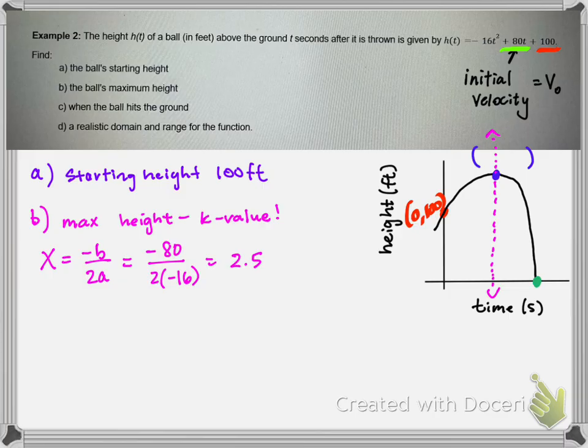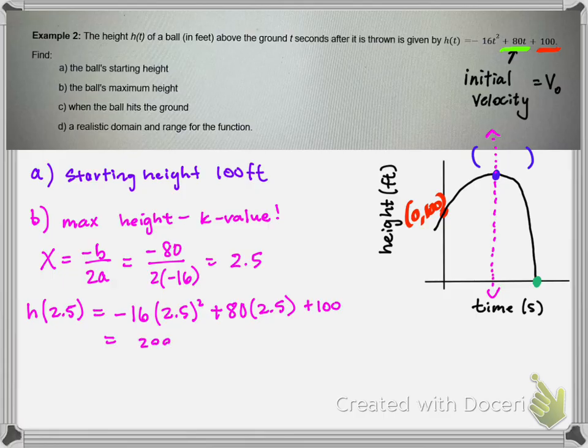Now, where is that maximum height? Well, I'm going to go to h of 2.5. Again, I'm going to use my calculator to help me with this. Negative 16, parentheses, 2.5 squared, plus 80 times 2.5, plus 100. So I'm on my home screen. I plug all that into my calculator, and I get this number, 200.